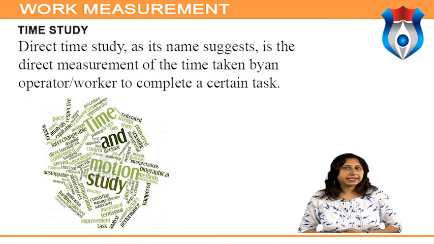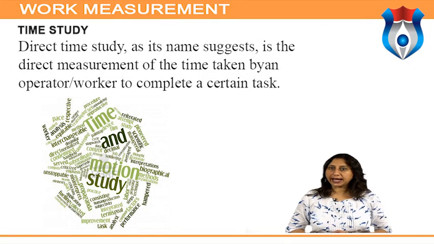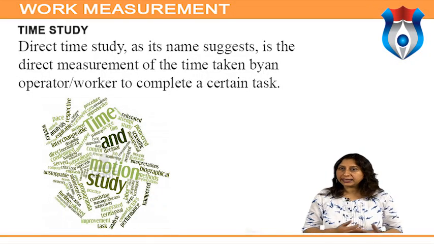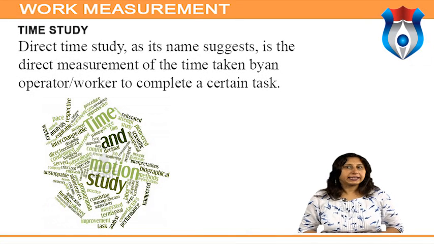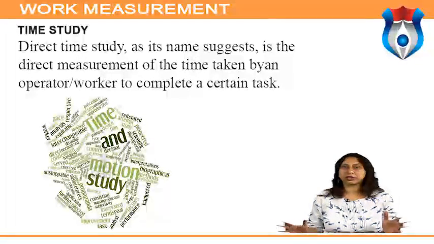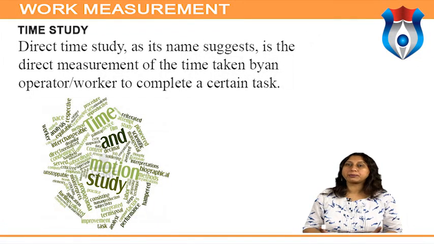It represents the time taken to complete the task alone. The standard time for the operation is then computed by adding any allowances as required to the normal time. In this way, we can compute the maximum allowable time for completion of an operation beyond which the worker is said to be working at a lower than normal pace.